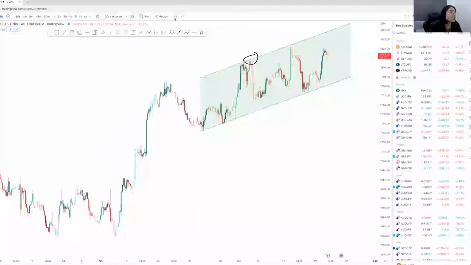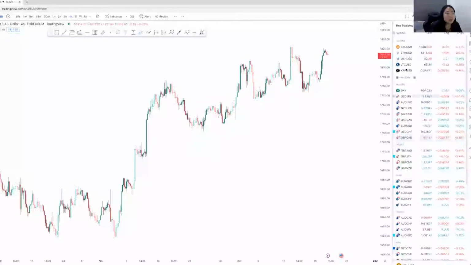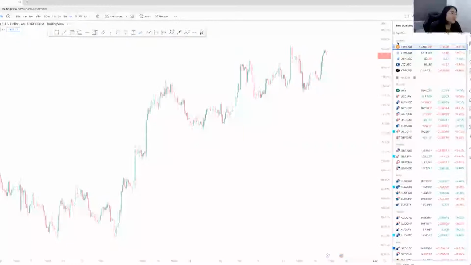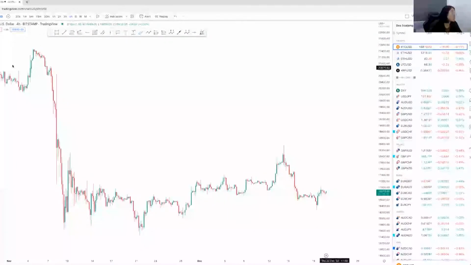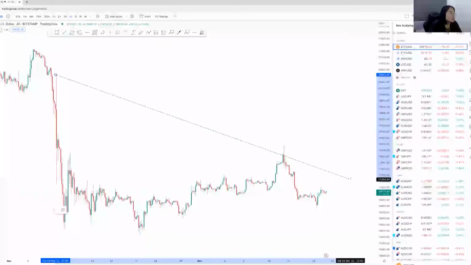Any questions so far? We're going to go practice on a different chart. Let's try BTC. This market is kind of moving sideways. Actually, I do kind of see a slight triangle here.